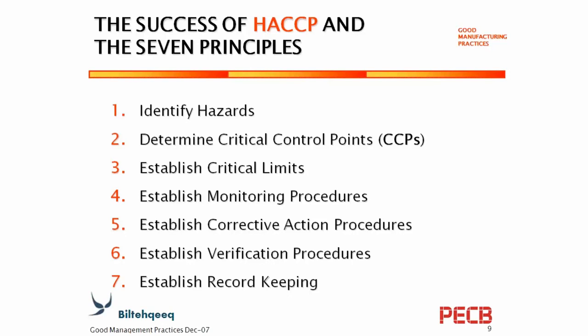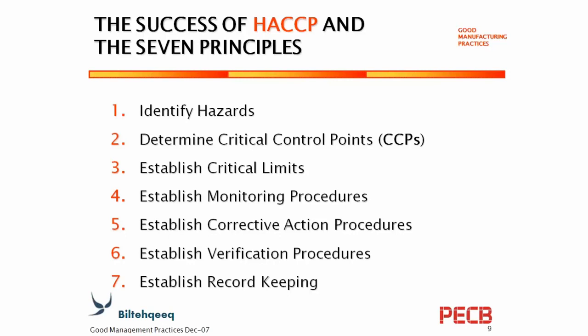If the operations are going beyond the acceptable limit, you have to take corrective action. And for this you have to develop a specific procedure. It is the same as in other quality management systems, and you are familiar with the corrective action procedure.